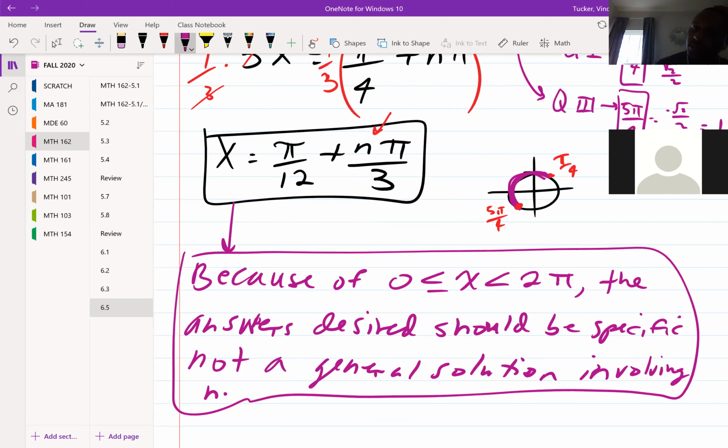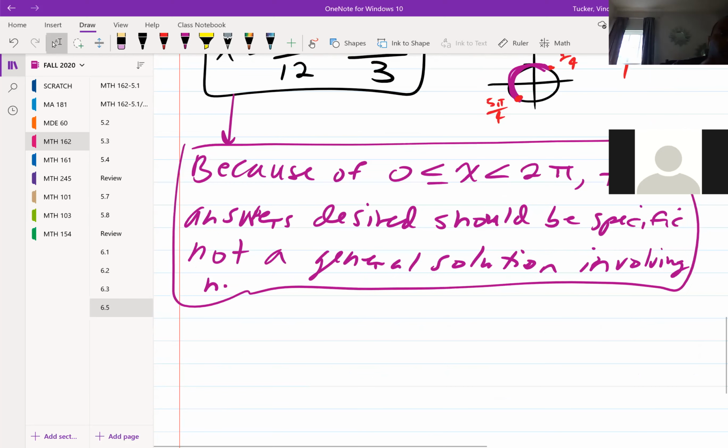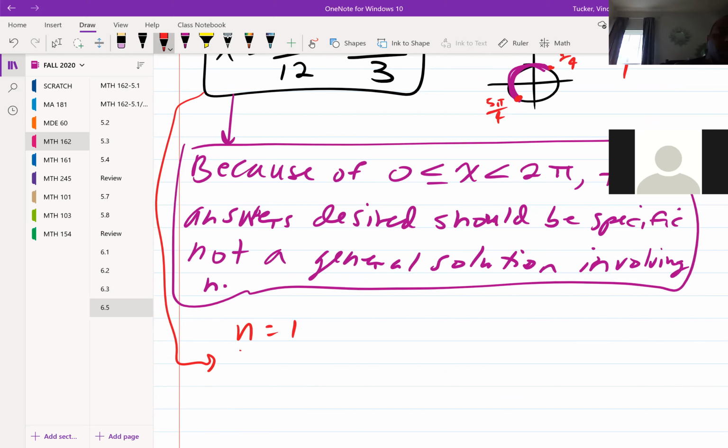All right, so because of that interval of 0 to 2 pi, the answers desired should be specific, not a general solution involving n. All right, so let's do it. We start off with n being equal to 1.